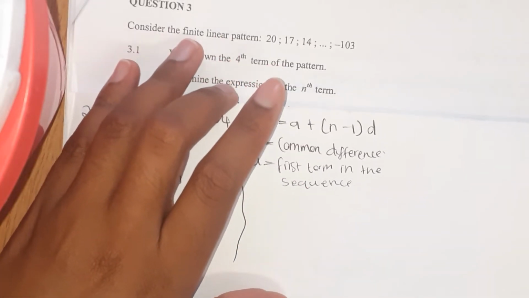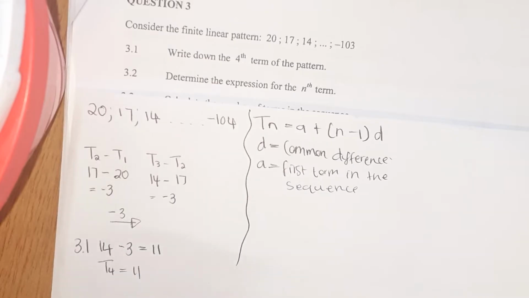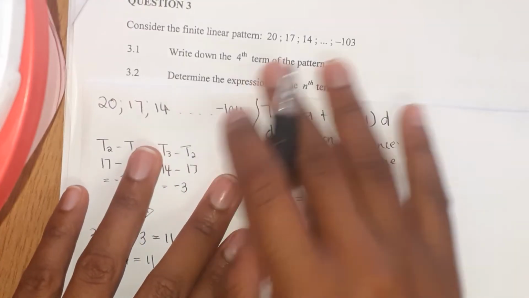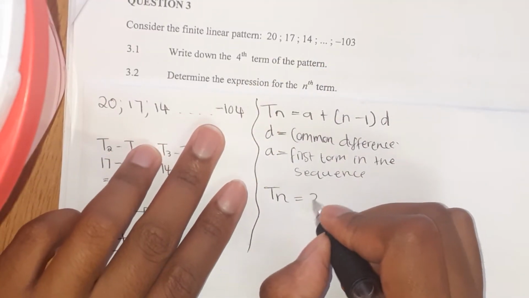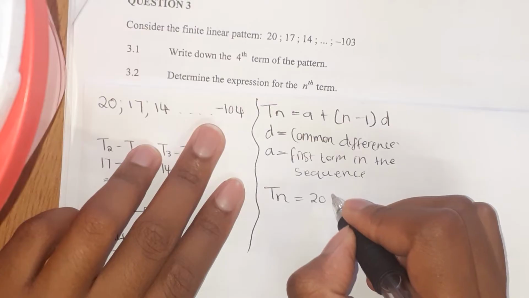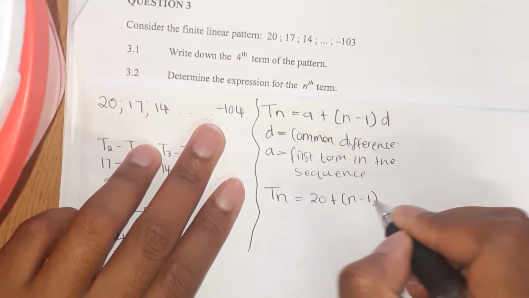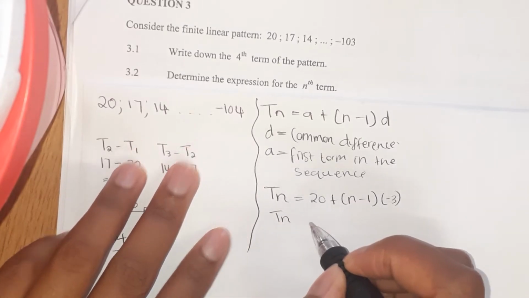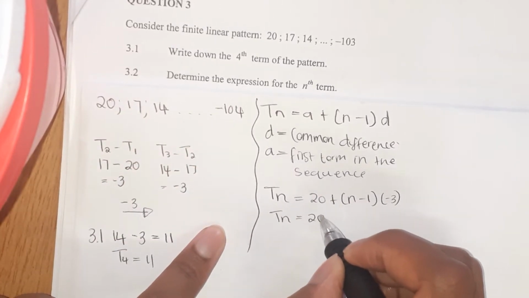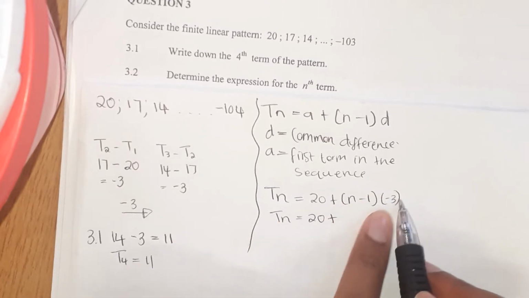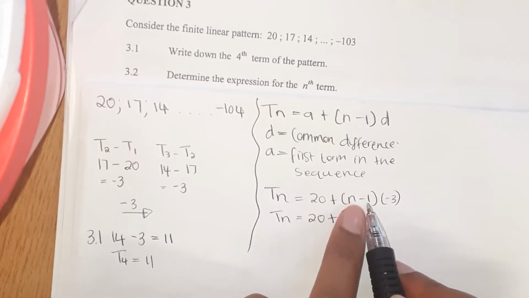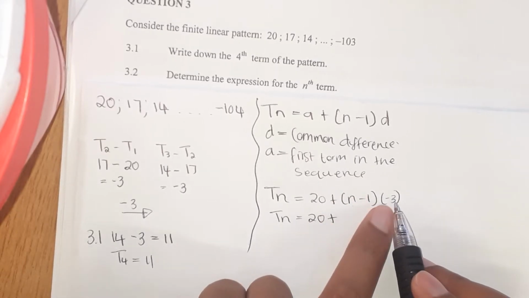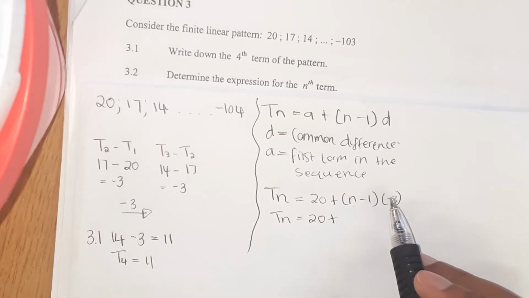So now here we are asked to calculate the nth term. Tn equals the first term of the sequence, 20, plus n minus 1 into negative 3. So Tn will equal 20 plus, you take this negative 3 and multiply it by this bracket. You will say negative 3 times n and negative 3 times negative 1.